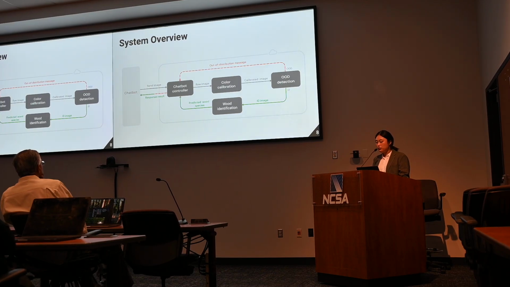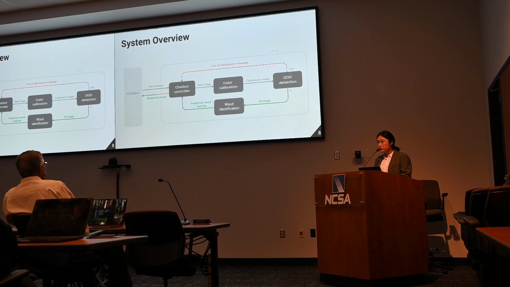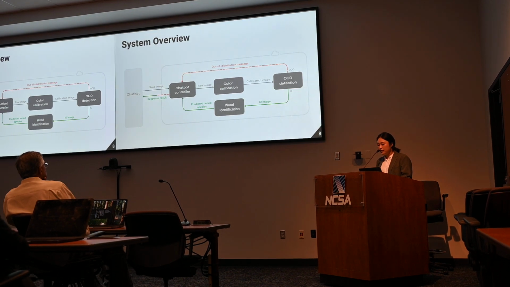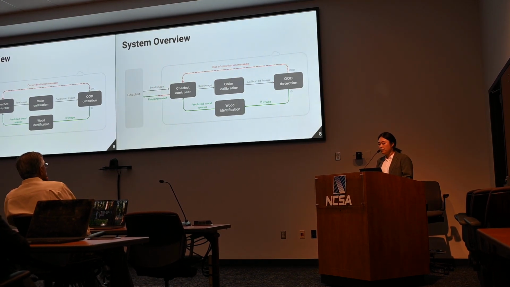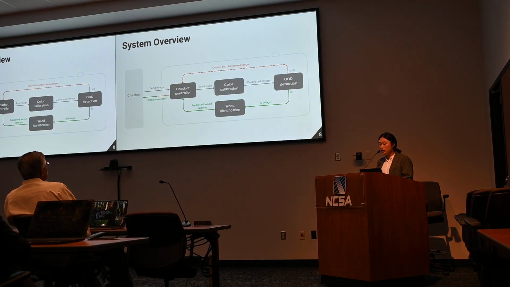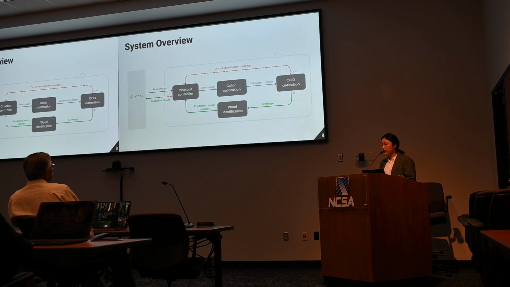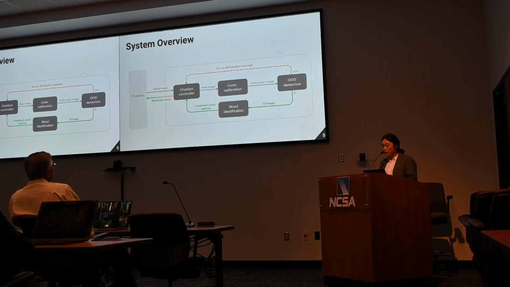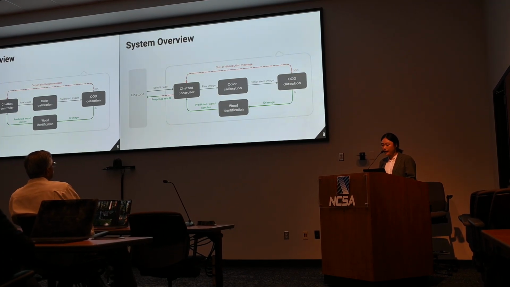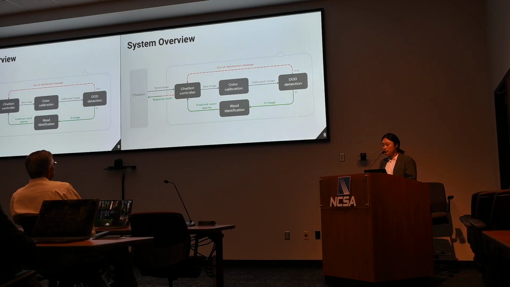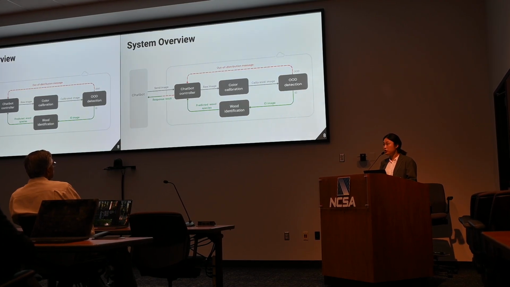First, the image goes through color calibration to reduce device-relevant color differences. Then the OD model checks whether the image is from a known wood type and whether its quality is acceptable. If the image is valid, the system identifies the wood species and returns the result to the user.